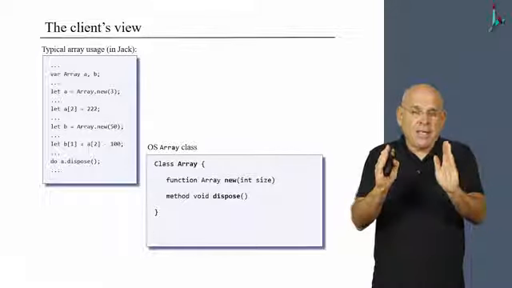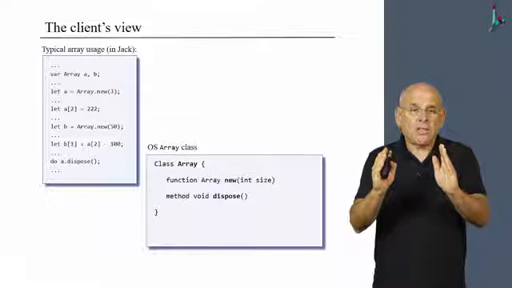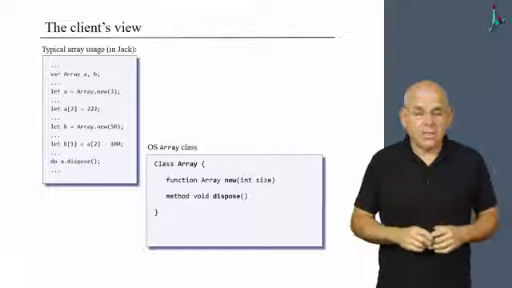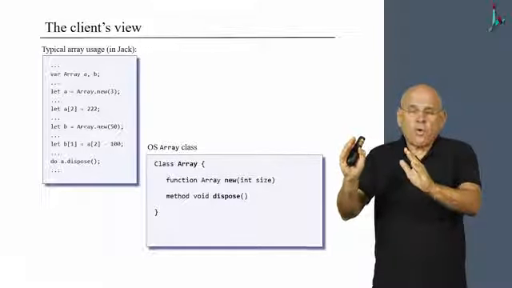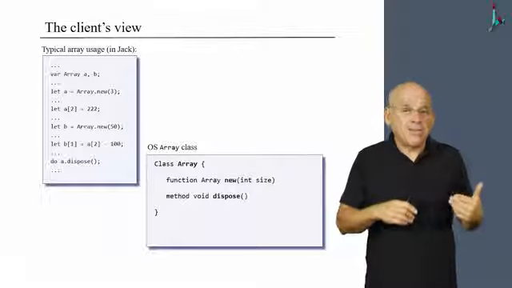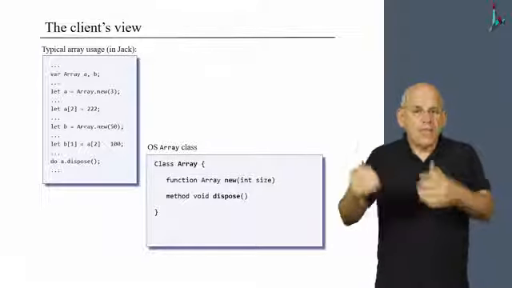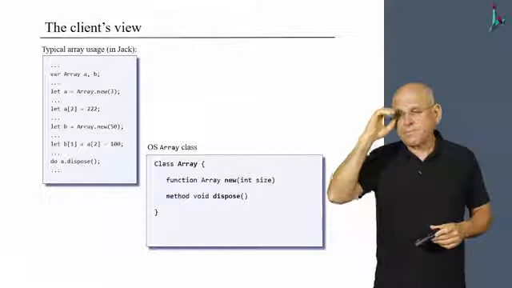So array processing is mostly the jurisdiction of the compiler, not the operating system. Whereas the operating system, at least in Jack, has to worry about two things only: creating an array and getting rid of it, which are mostly representation kind of operations.